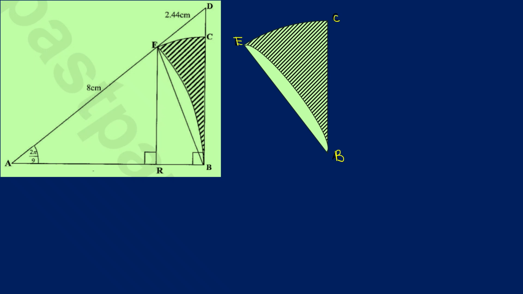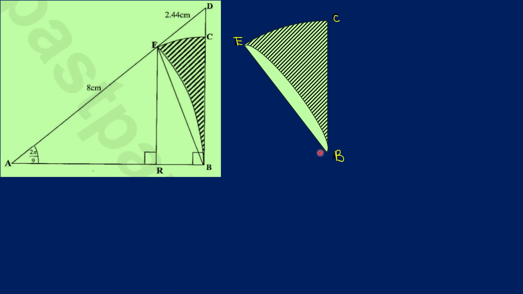We have extracted this sector. The sector BCE is what has the shaded part. But there is this other part here which is not shaded from the same sector BCE.